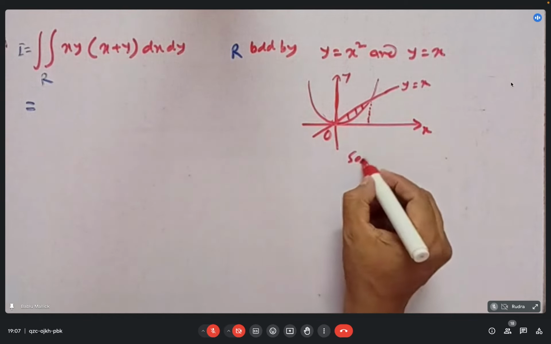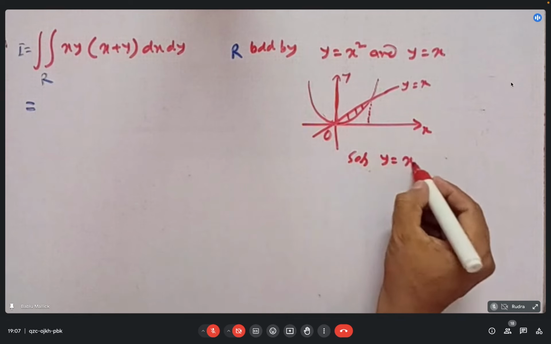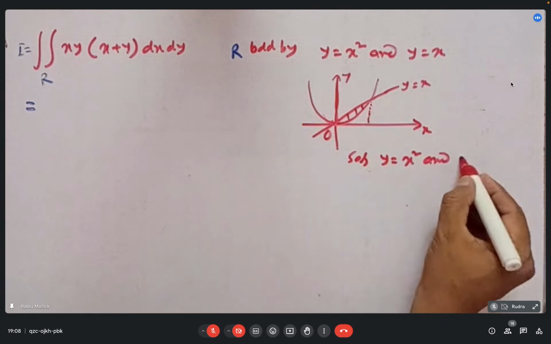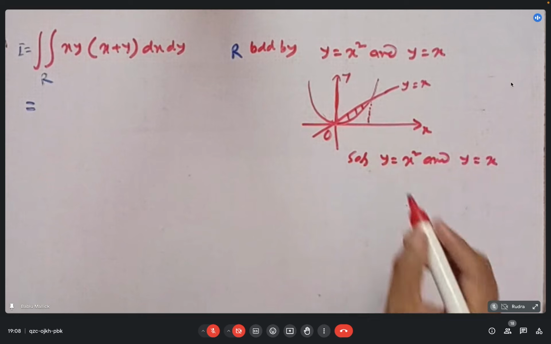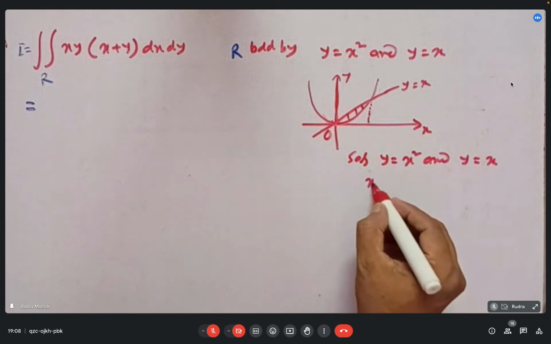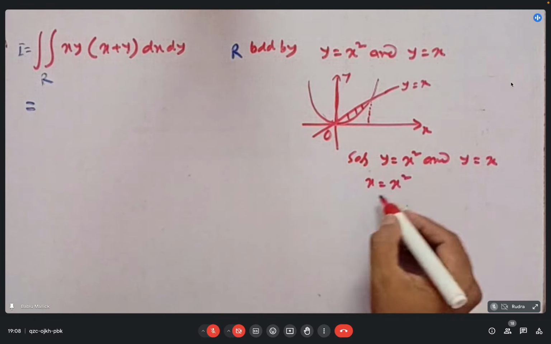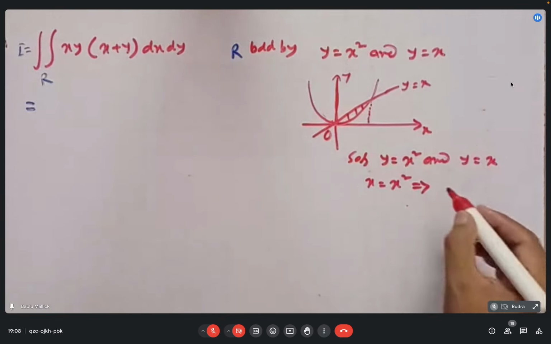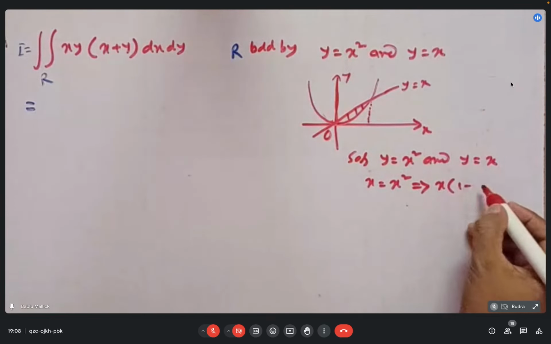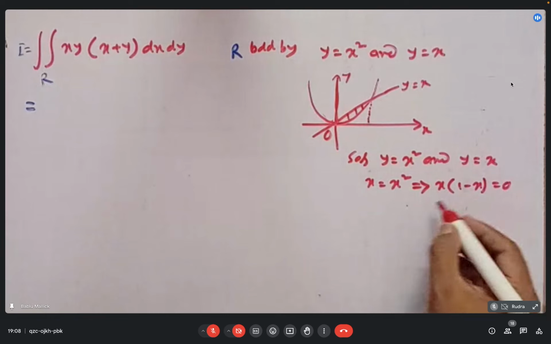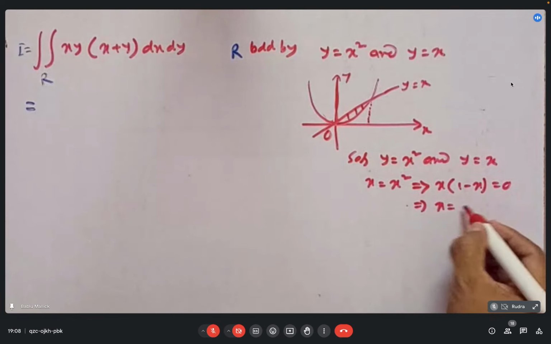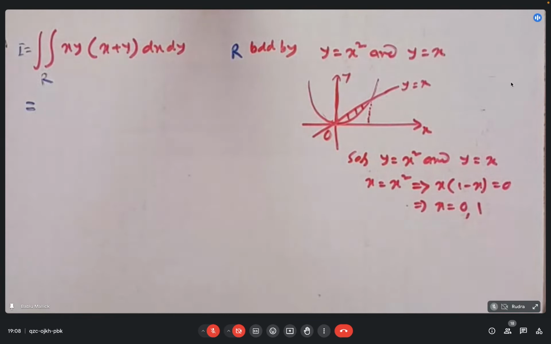Solving y is equal to x square and y is equal to x, we get x is equal to x square, that is x into 1 minus x equal to 0, so x is equal to 0 and x is equal to 1.